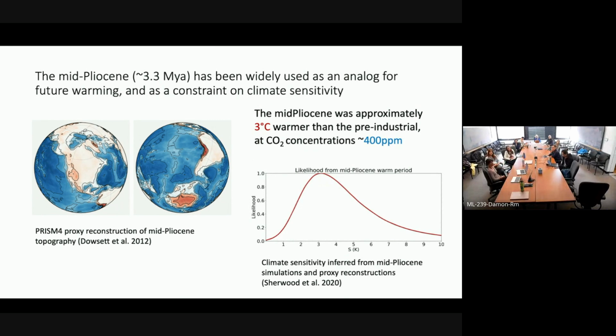This was a period in Earth's history about 3 million years ago, during which temperatures were approximately 3 degrees warmer than the pre-industrial, while CO2 concentrations were similar to today's, around 400 parts per million.